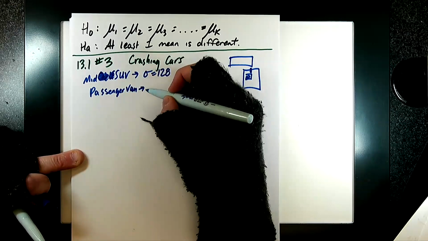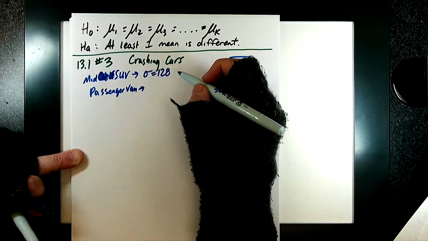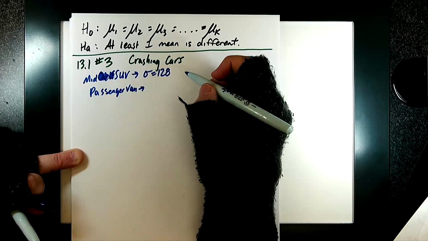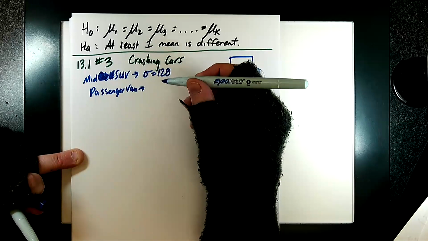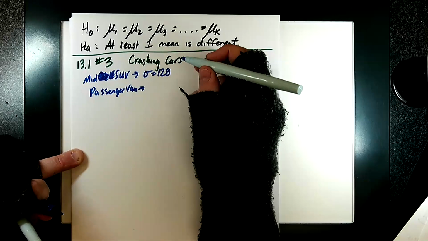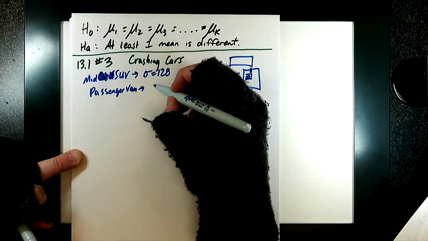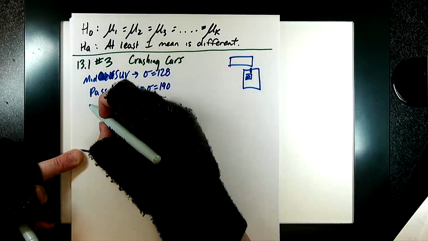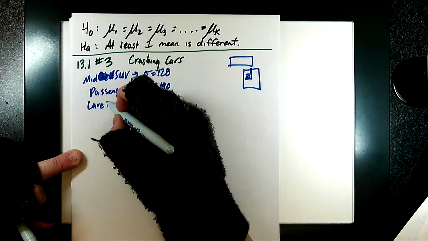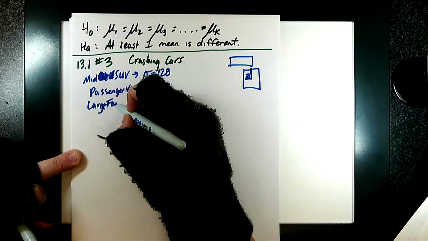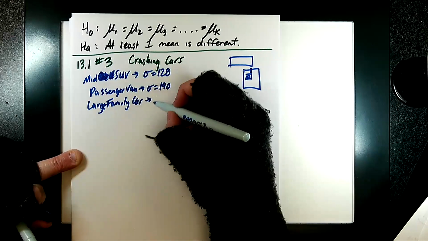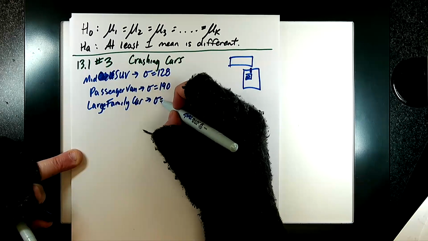Really? Can we just go with van? What's the difference between a passenger van and a van? More back seats? Yeah, there's back seats. In a regular van, the back is all empty, there's room to store stuff. Okay. Passenger van was sigma equals 190, and large family car I got 199 as my standard deviation.